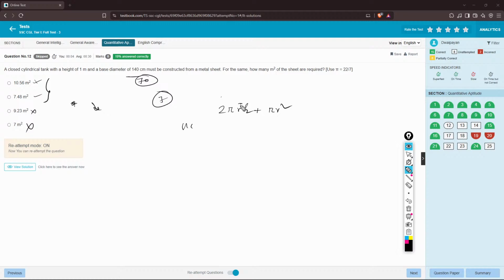Here the 7 will go away, and one part will be a multiple of 7, the other one.